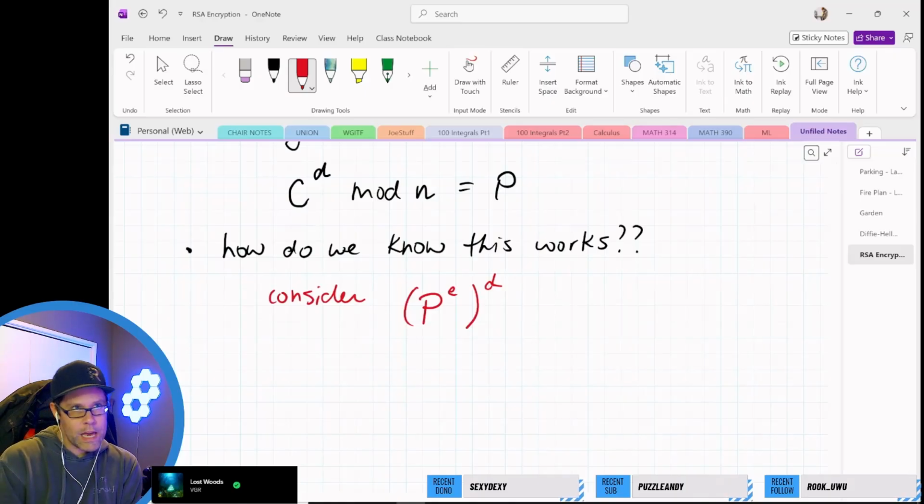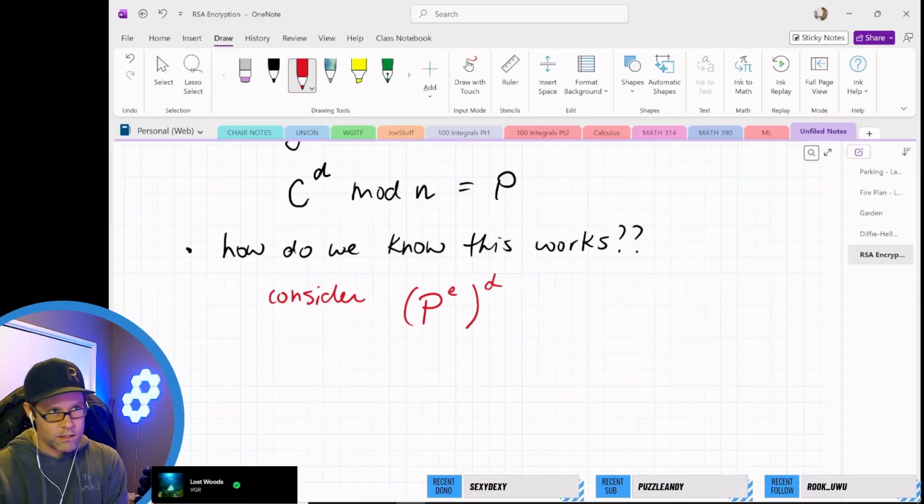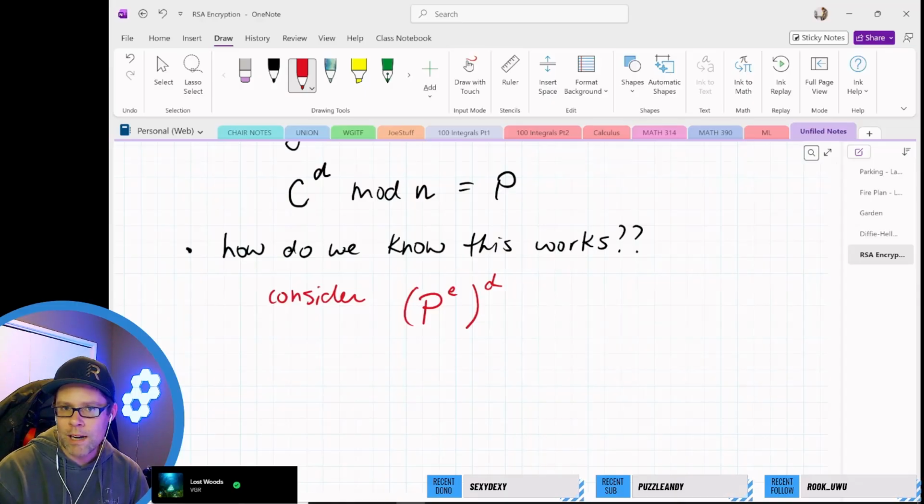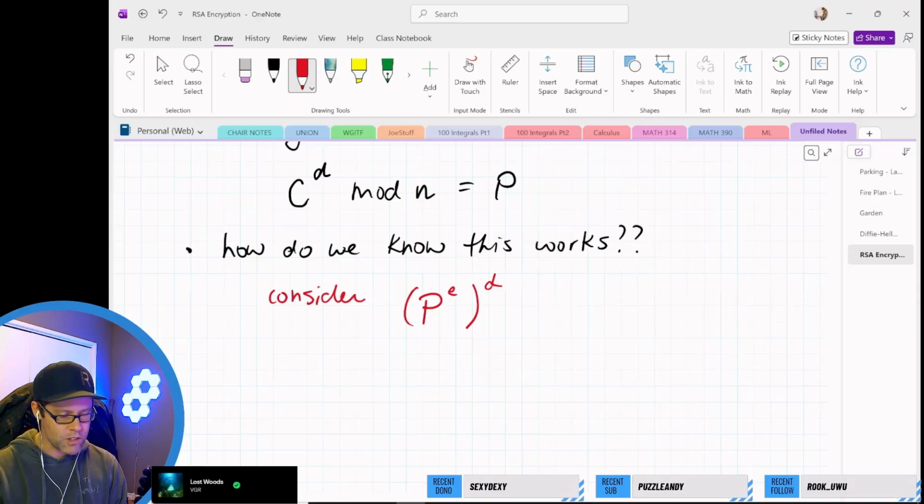If I now take that to the power of d, or decode that, I should get back to the plain text message, right? That's kind of the idea, right? If I encode it and then go through the process of decoding it, mod n in this case, I should get back to the original plain text message.